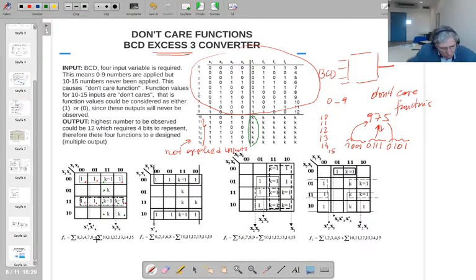Since the value of the function is not important, you can choose these k's as you like. You can choose some of them as 0 and the others as 1. For example, if I choose this k equal to 0, this makes a second order subcube here.